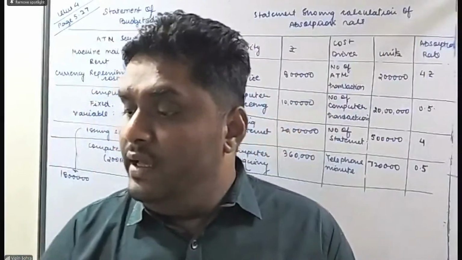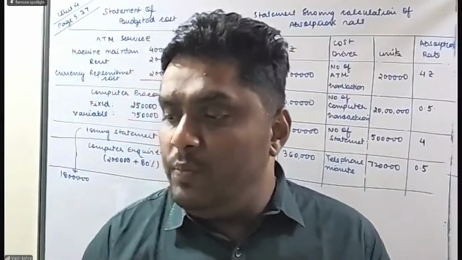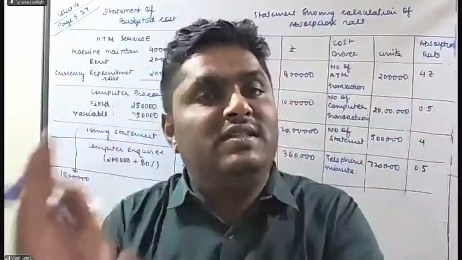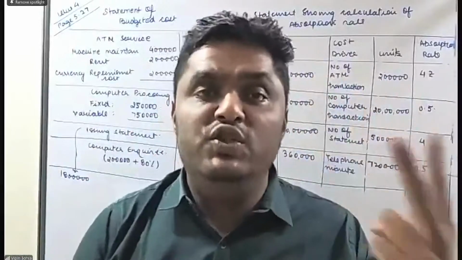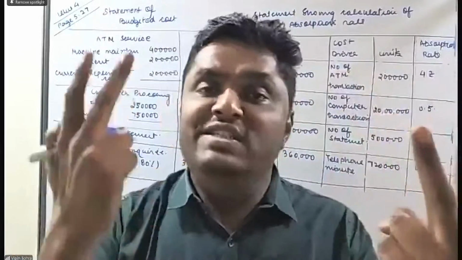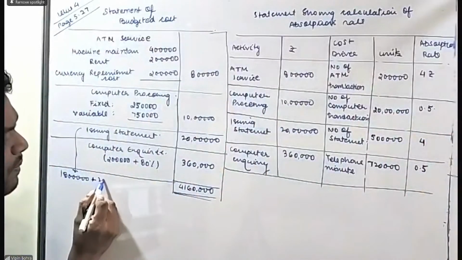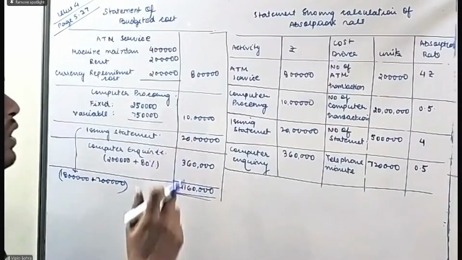Now see, for every increase of 1 lakh statement, 1 lakh rupees is the budgeted increase. It means that for every 1 lakh extra statement, the extra cost is 1 lakh. So additional statements issued are how much? 2 lakh. Additional cost will be how much? 2 lakh. So 18 lakh plus 2 lakh. This is how I got 20 lakh.